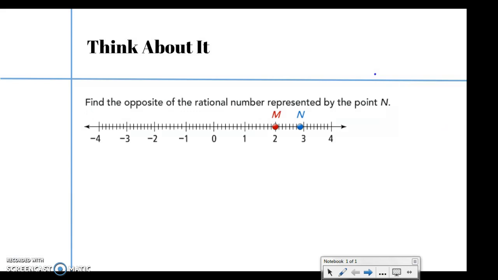Alright, so let's look at this one together. Find the opposite of the rational number represented by the point n. Okay, again, before we do anything, we need to figure out how many parts make up one whole in this situation.